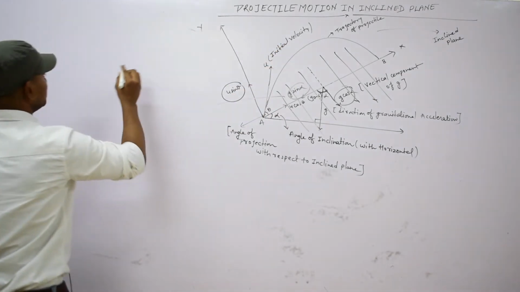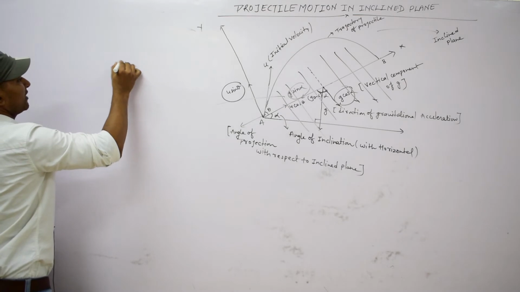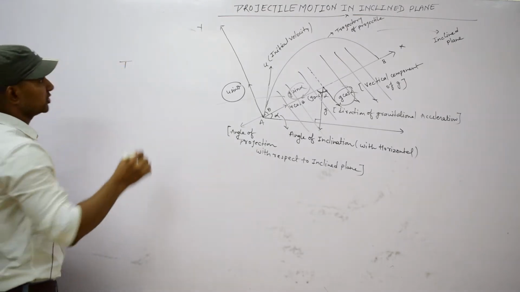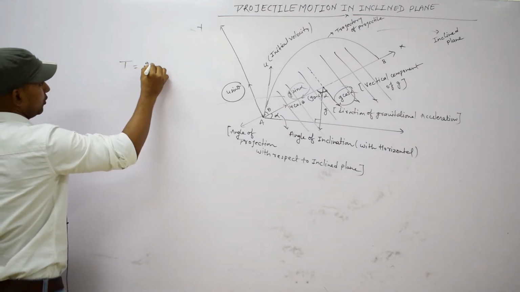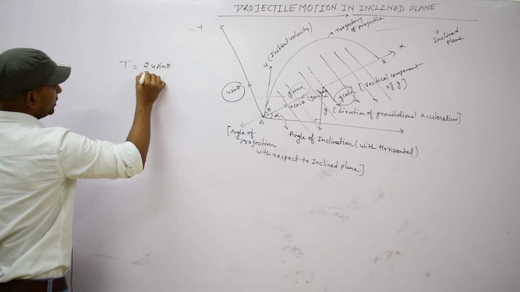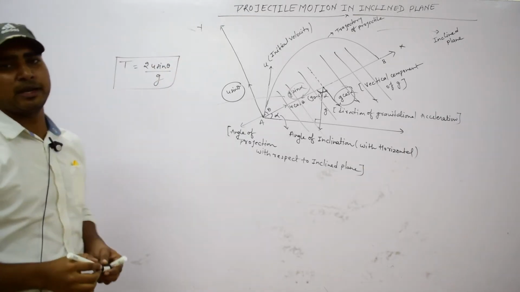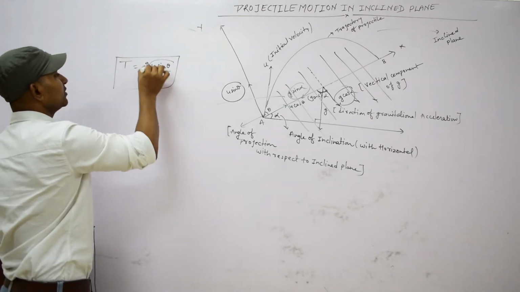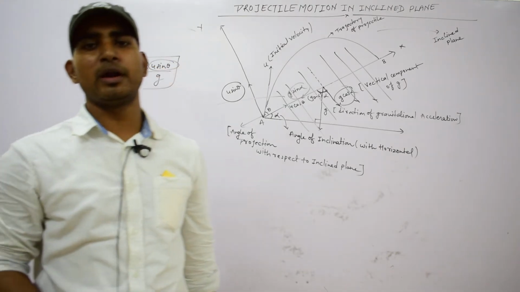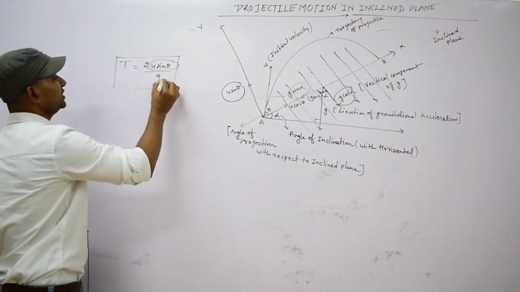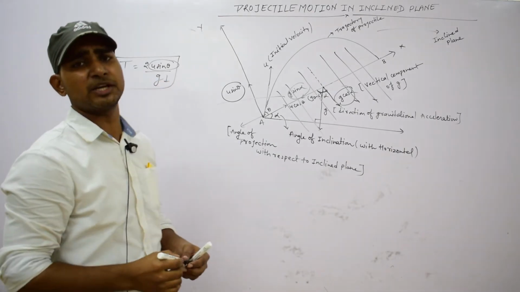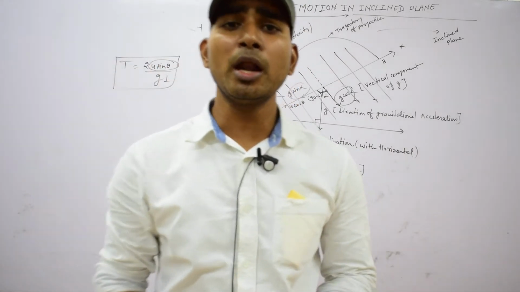Let's suppose the basic formula of time period for the oblique projectile motion is what? T is equal to 2u sin theta upon g. One very important criterion is that u sin theta was the vertical component, and as we know, g is itself perpendicular because the direction of g is perpendicular downward.